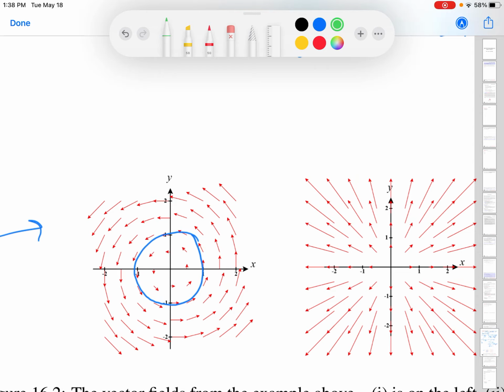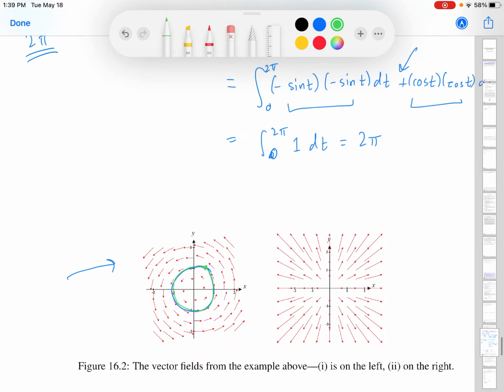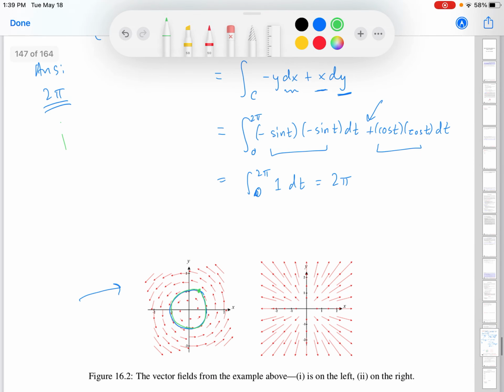And if I imagined a bead on this circle, then the vector field vectors really do push around this bead, and they do some work in doing so, right? There's some energy expended to do that. And we've calculated that energy to be 2 pi, again, ignoring the units. So that's just a very, very quick and rough idea of what is going on and what we're measuring.